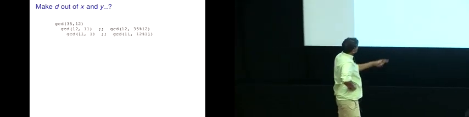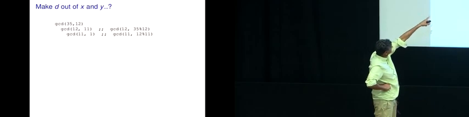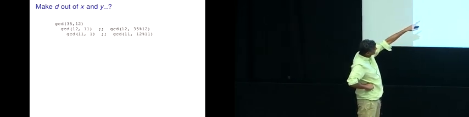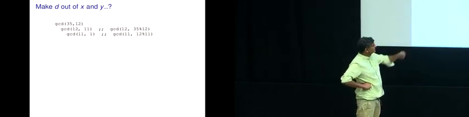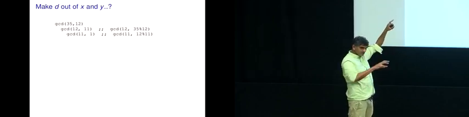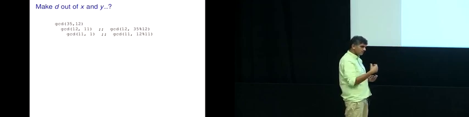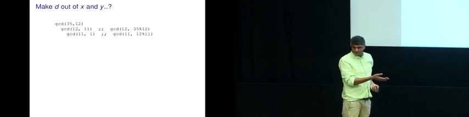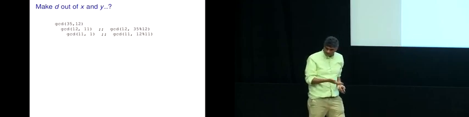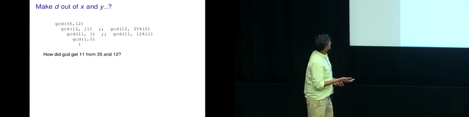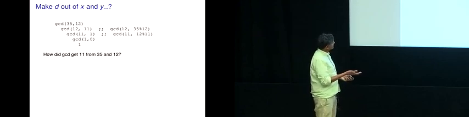Okay? And so on. Then the second argument is now a sum of multiples of 12 and 11. Now 12 is what you originally wanted in your system, but now you have 11. But 11, you can express as a difference of multiples of 35 and 12. How do we get 11 from 35 and 12?